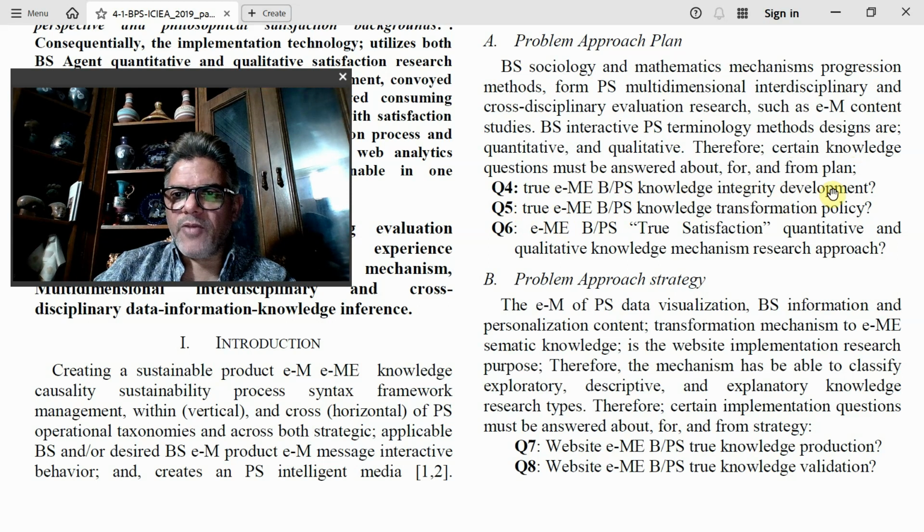So the integrity development, knowledge transformation policy, and quantitative qualitative knowledge mechanism research approach. So I could say quantitative research and qualitative research mechanism of the knowledge approach.